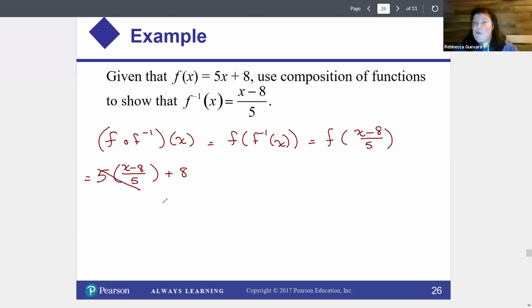We see those 5s are going to cancel, the multiplication of 5 and the division of 5, leaving me with just x minus 8 plus this 8. So minus 8 plus 8, the 8s are going to disappear, and I'm just going to be left with x.